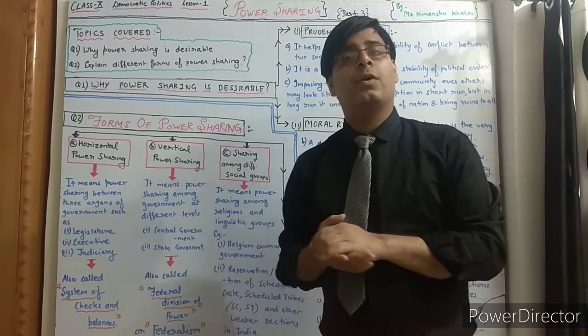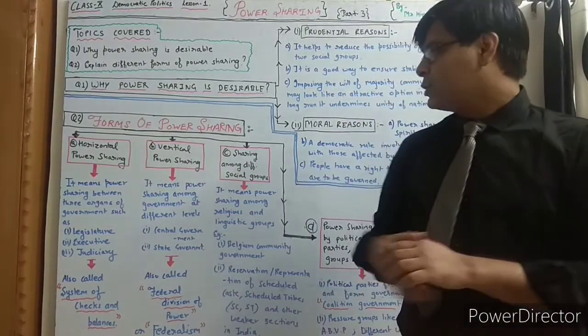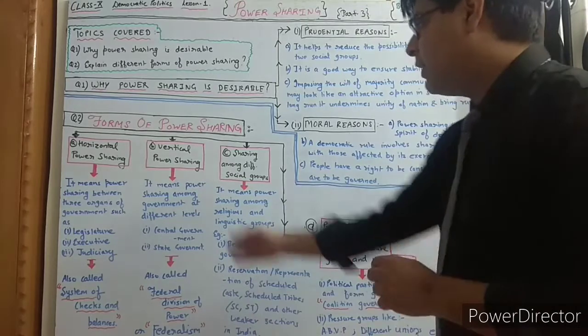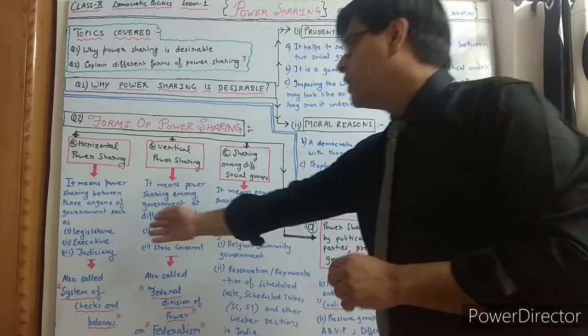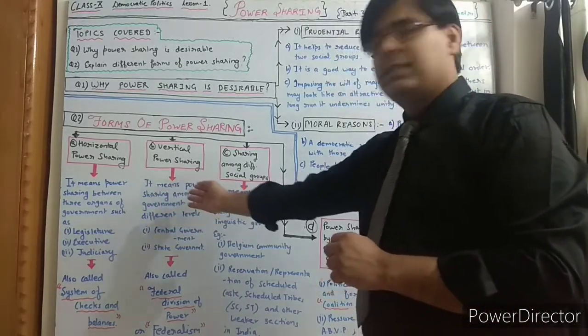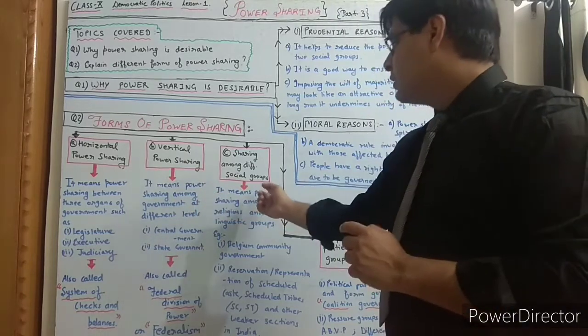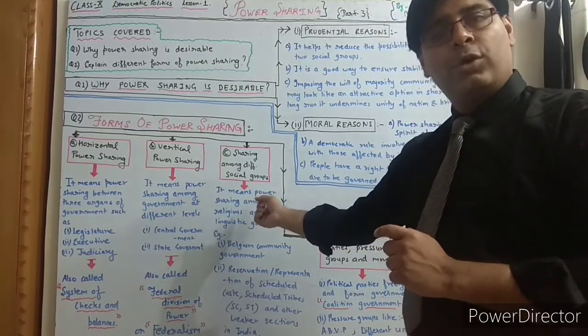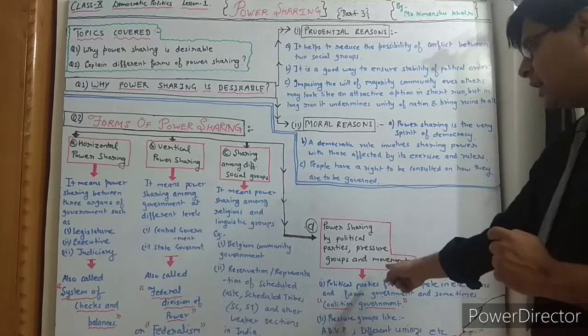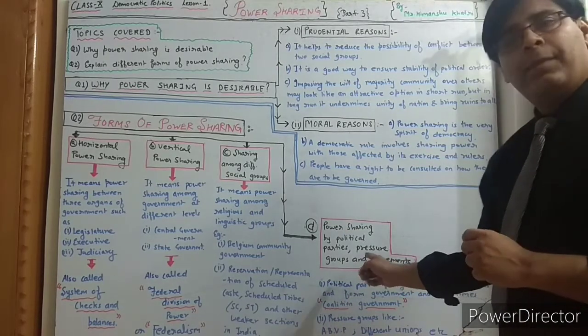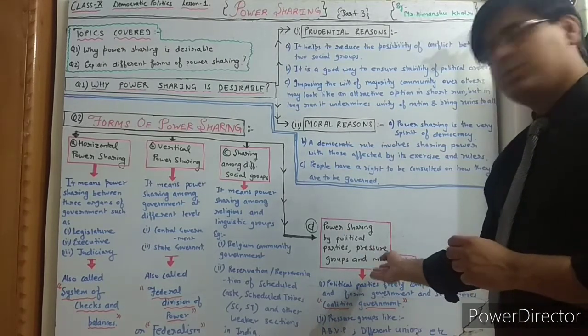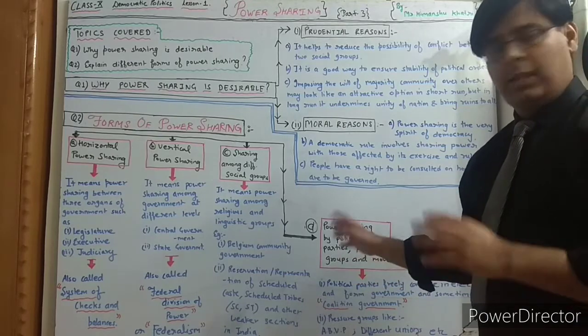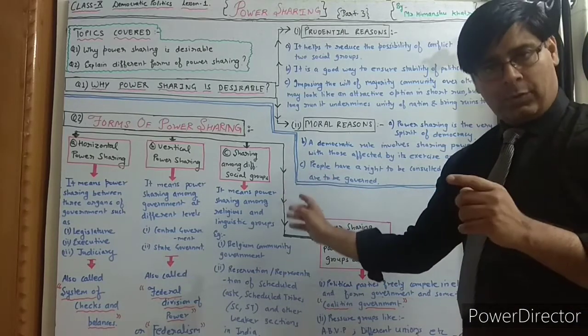Different ways, different forms of power sharing. ठीक है. So basically the answer is being divided into 4 types. ठीक है. First is horizontal power sharing, second is vertical power sharing, third is power sharing among different social groups, and fourth and last is power sharing by political parties, pressure groups and movements. ठीक है. Now we will discuss each one by one.